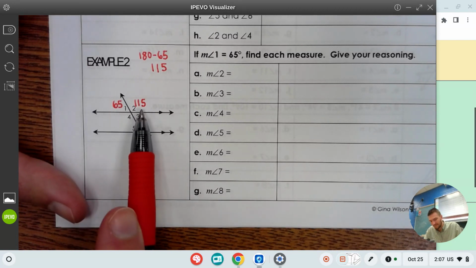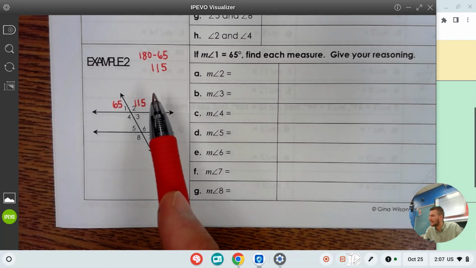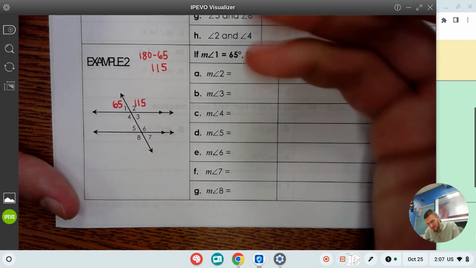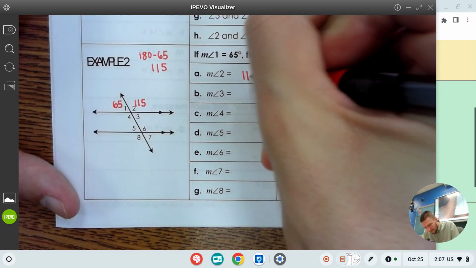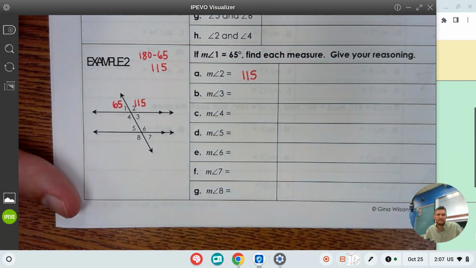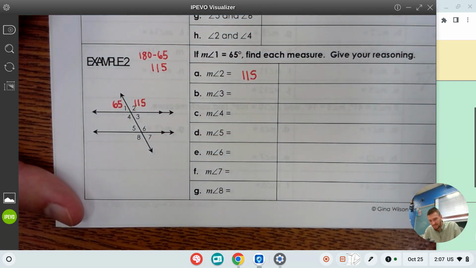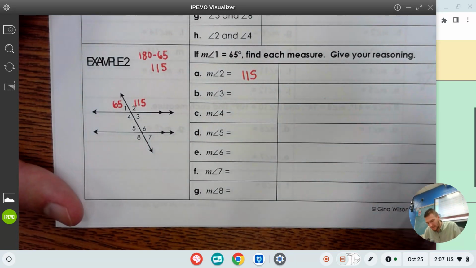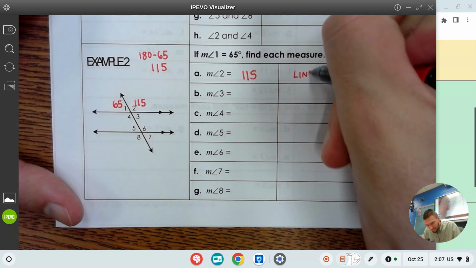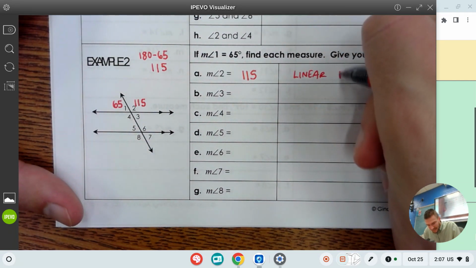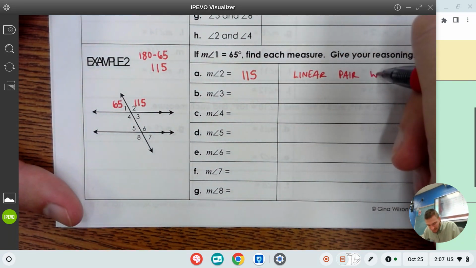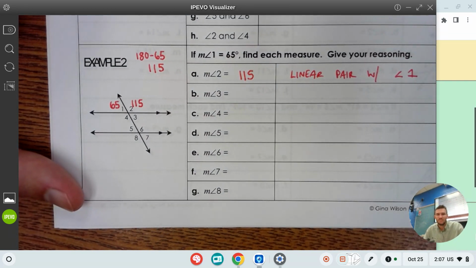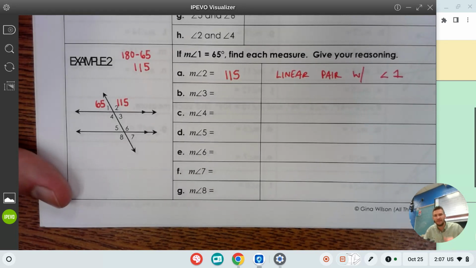What's 65 plus 115? It's 180. And we know that these are a nice linear pair. Angle 2 equals 115. Give your reasoning. Well, at least its relation to angle 1 is, we could say, this is a linear pair with angle 1. Remember, linear pair is back from that very first unit.